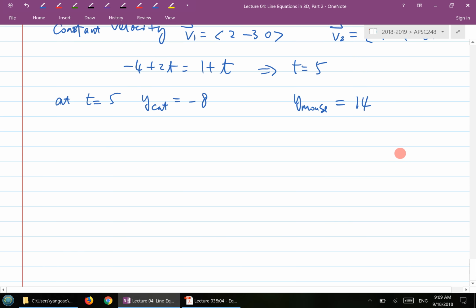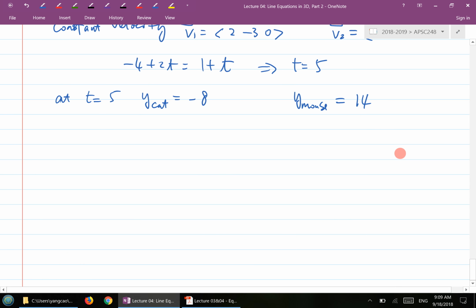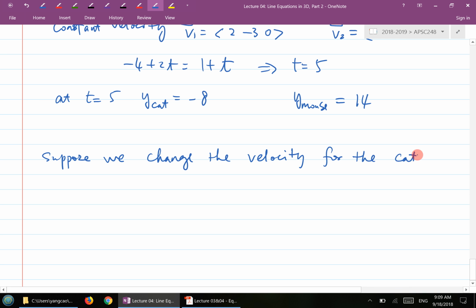So let's look at this answer here. Suppose we change the velocity of the cat. To what new velocity for the cat will it be able to catch the mouse?